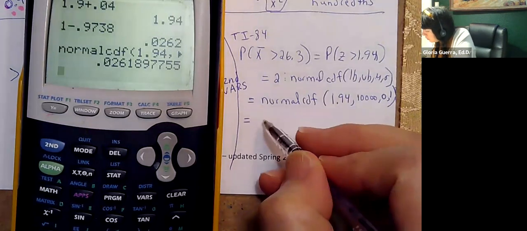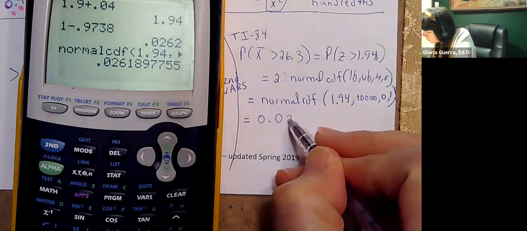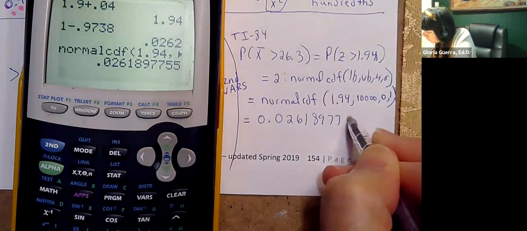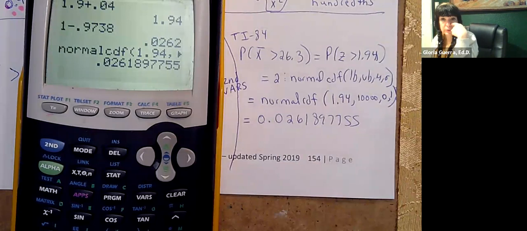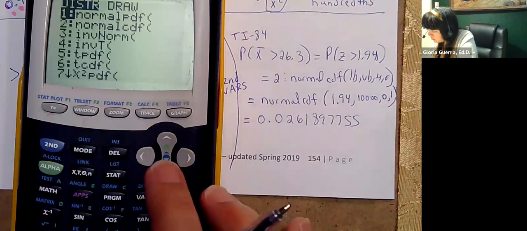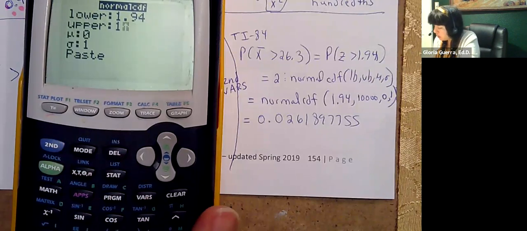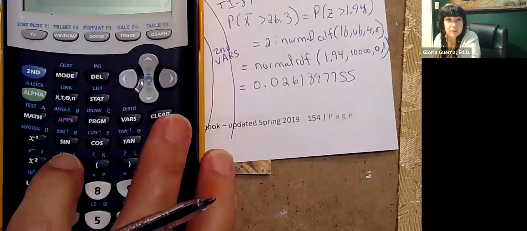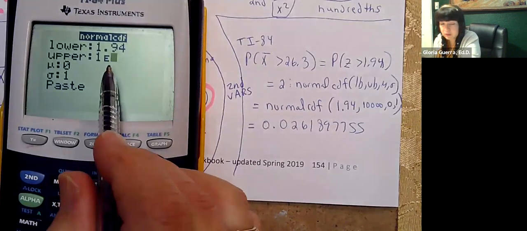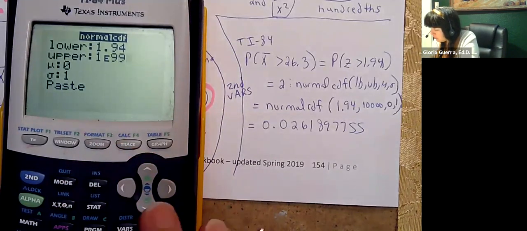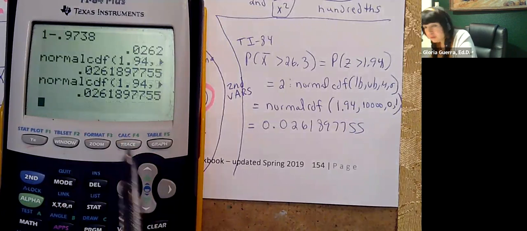Okay, so you see that looks familiar, right? 0.02618977755. Now, if you use the 1E99, it's second vars, number 2, and it's 1.94, and then you would type in 1, and then second and hit your comma because the comma has that EE, but it only types 1E here, which is all right. And then 99, that's a very large number, 0 and 1. And you see we get the same thing.